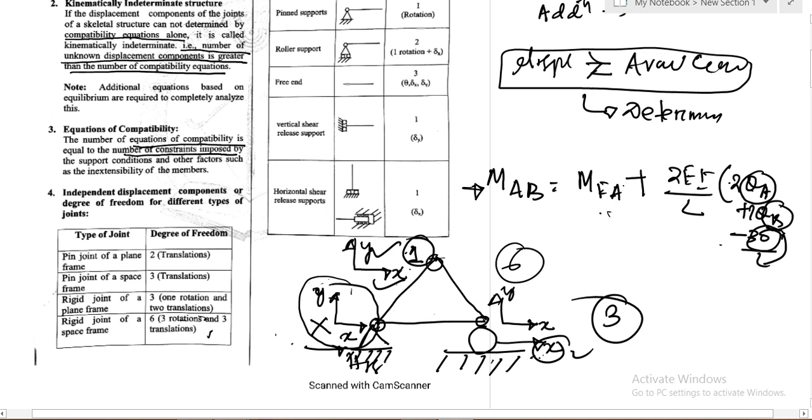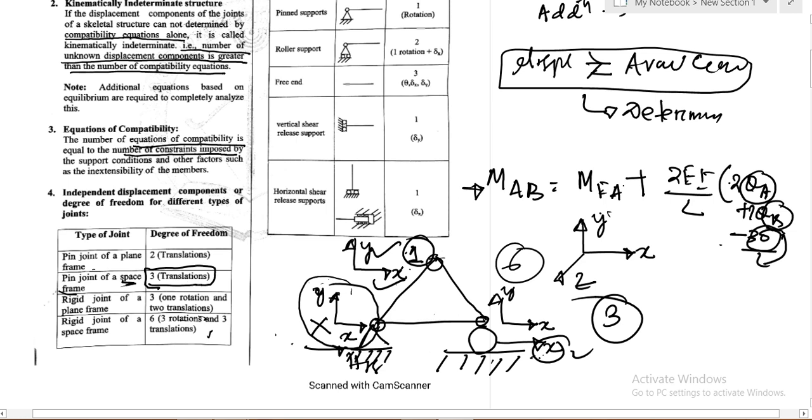Now you talk about the pin jointed space frame. In a 2D plane frame there is 1 x and 1 y, so there are 2 translations. In a space frame, the z term will come into play, so there are 3 translations possible.